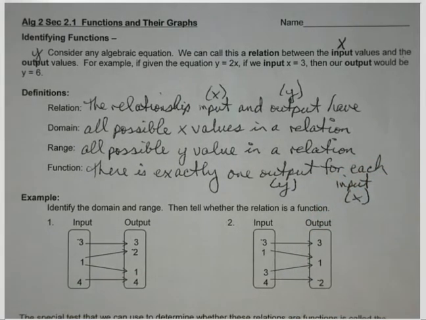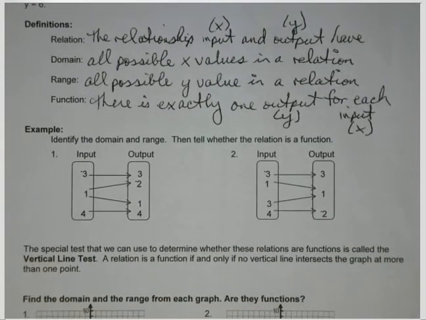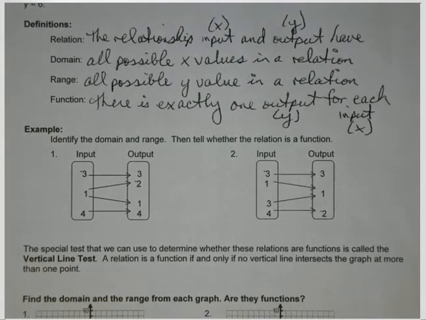I plug one number in, I get one number out. Not like I plug one number in, I get 3 numbers out. That's not how it works. So, for our examples here down below, identify the domain and range, then tell whether the relation is a function.